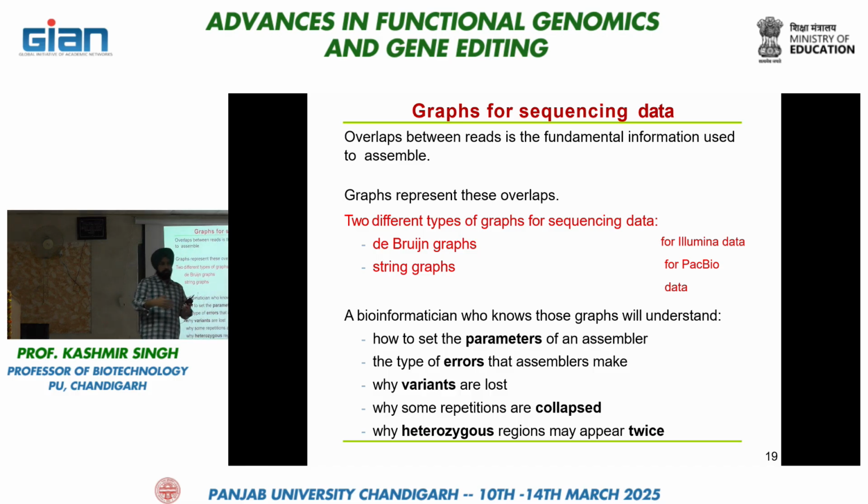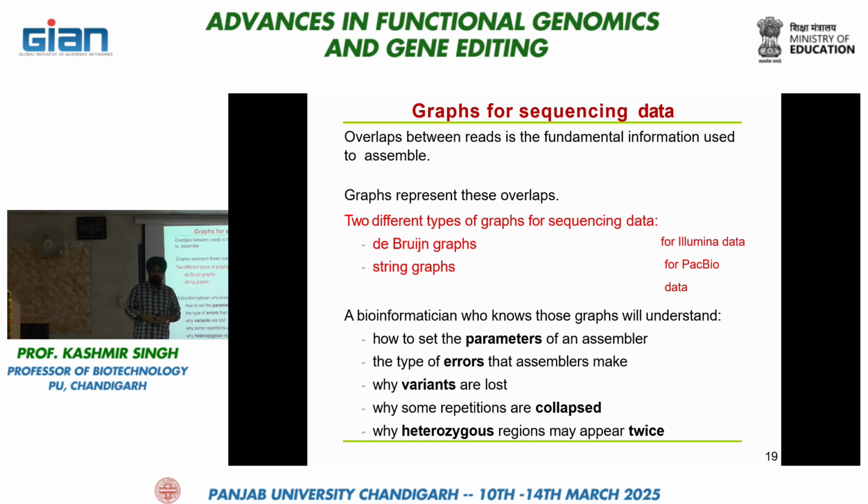I am focusing on 25,000 to 50,000. Then you reassemble that data. You want to reduce the redundancy, and you simply align those 100,000 contigs with each other and try to reduce the number. But what happens in this case, when you try to reduce the redundancy, is that the variants are lost.